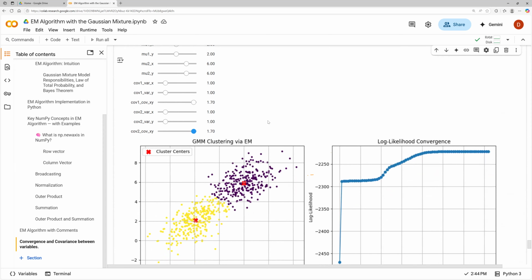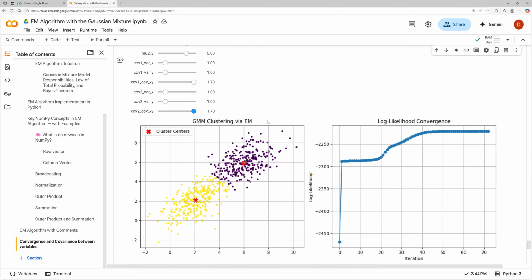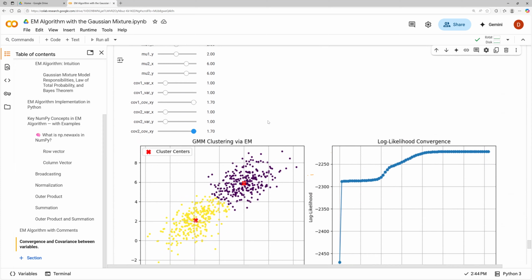Meaning that the data points are moving between X and Y in the same direction. There's a correlation.